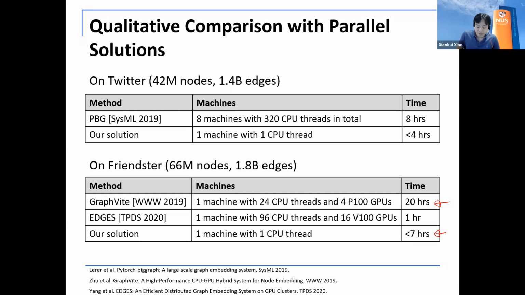More recently, there is a solution that uses 96 CPU threads and 18 GPUs, and it was able to finish processing this graph in just 1 hour. So this actually points to an interesting future work direction for us. That is, whether it's possible for us to use more computation power to significantly reduce the running time of our current approach.